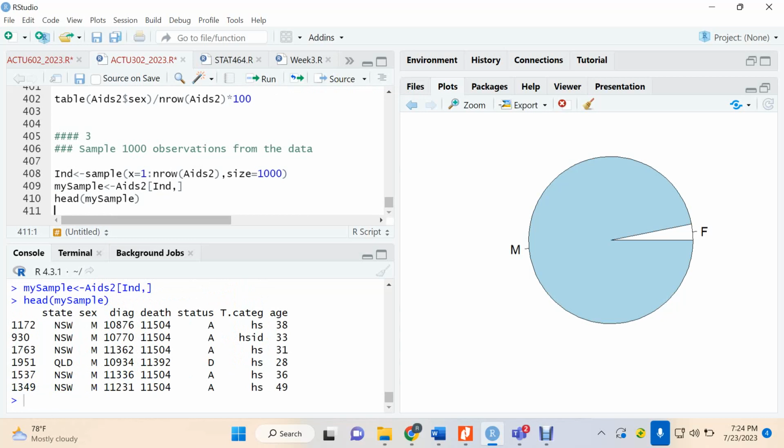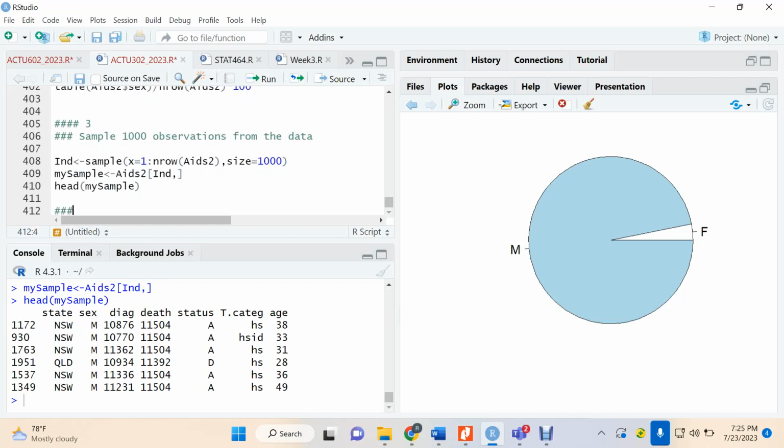So the first observation you selected was 1,172. The next one was 930. The next one 1,763, 1,952, 51, and so forth. So that's it for 3. It's not anything difficult, just like what we've been doing in class.